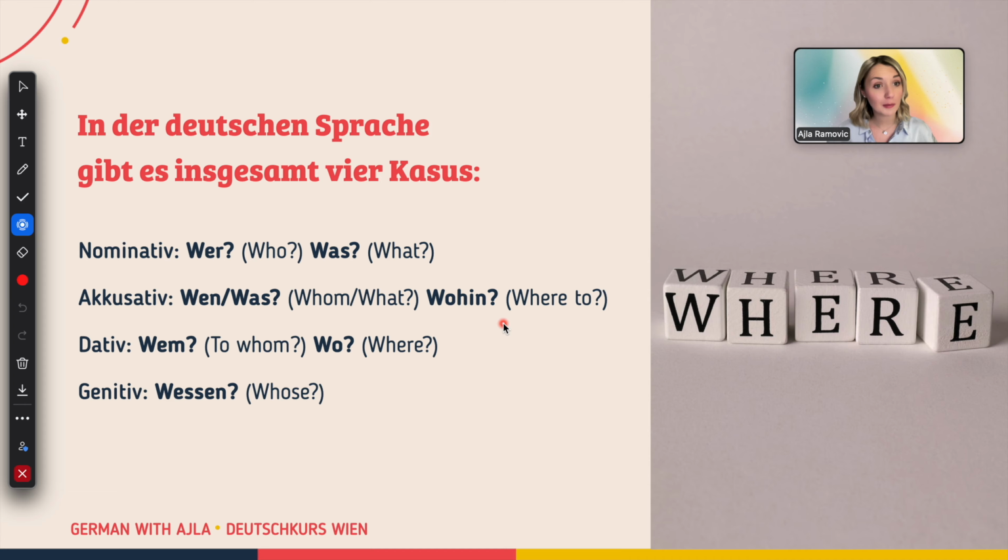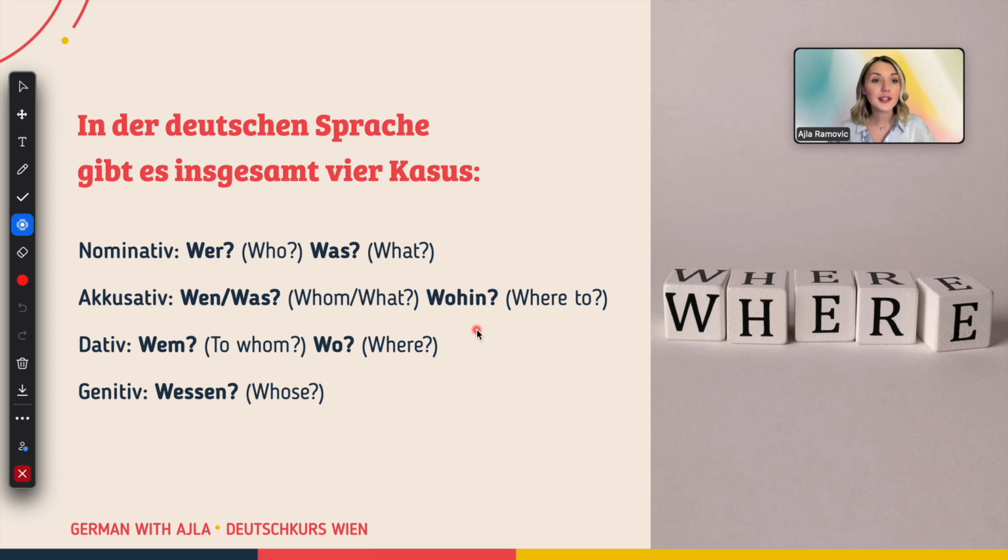It is really important to remember these questions. Wen oder was und wohin. Whom, what, and where to. And just by looking at these questions, you can see that nouns in accusative will play a different role than the ones that are in nominative.